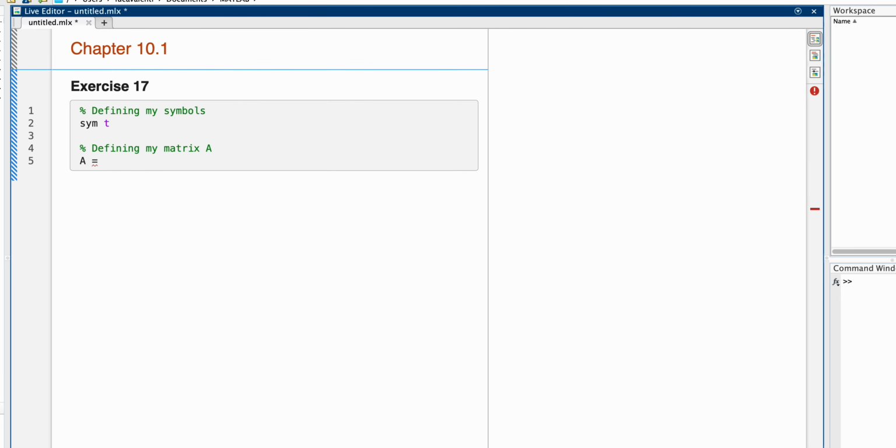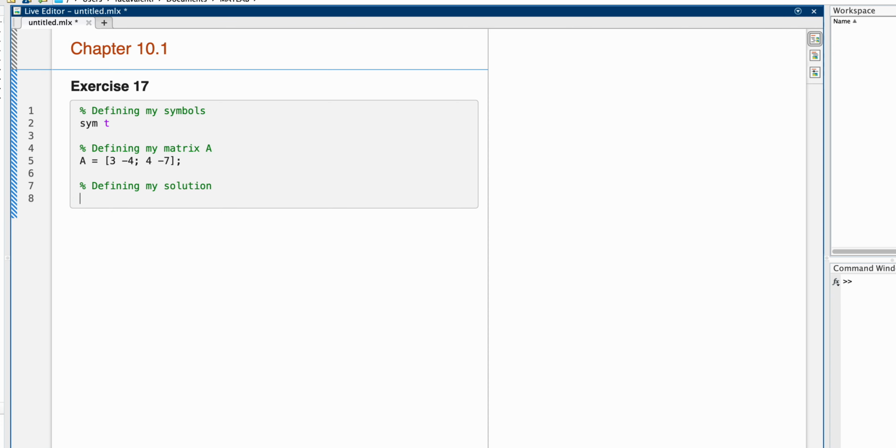Well, you have A is equal to, then you open the square brackets, then you type all of the first row, so that's 3, -4, put a semicolon to tell MATLAB that you're going to the second row, and then you have 4 and -7. Then we put another semicolon here so that we don't get the output, because we don't want to see it.